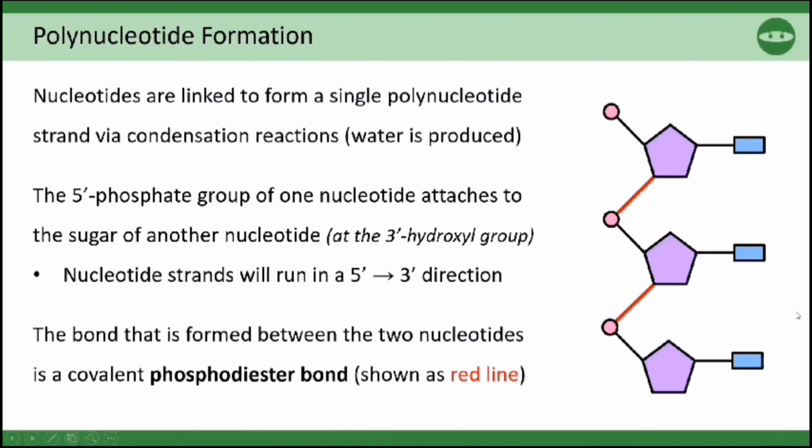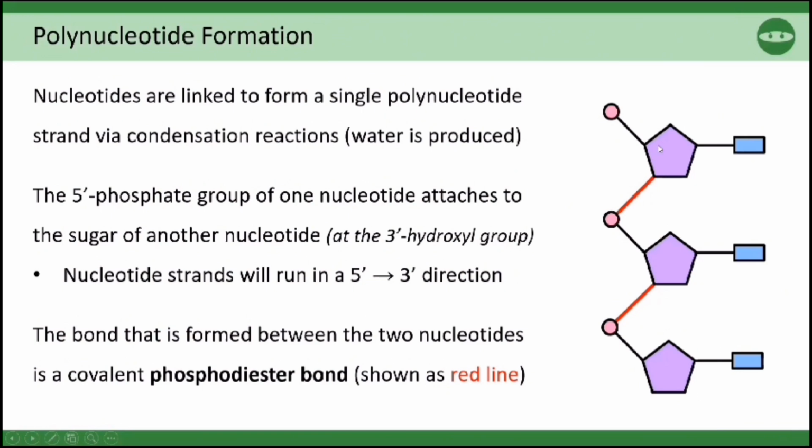Polynucleotide formation. In polynucleotide formation, nucleotides are linked into single polynucleotide strands via a condensation reaction, and water is produced in this reaction. It's a condensation reaction between the OH group on carbon number 3 of the sugar and the OH of the phosphate to form a phosphodiester bond, represented by the red line here and there.